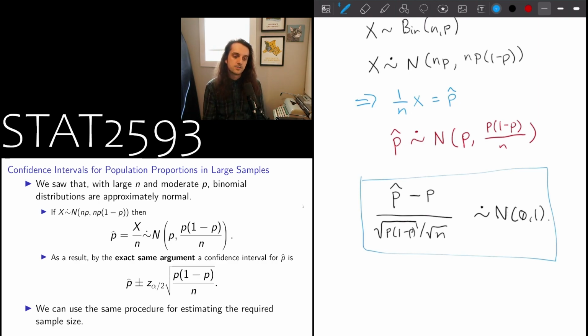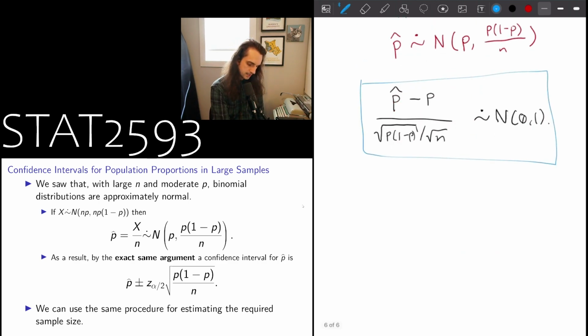In the case of the sample proportion, the worst that we can do is if we take p equals 1/2. If we're looking at the variance, p times 1 minus p is maximized at p equals 1/2.